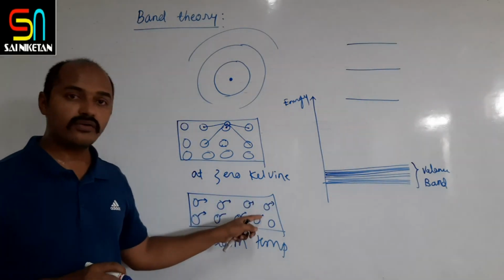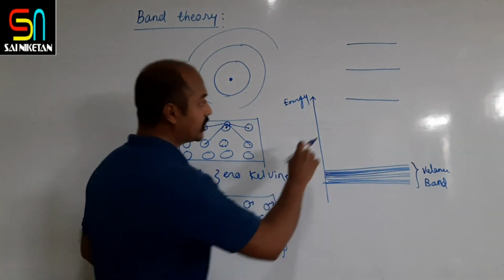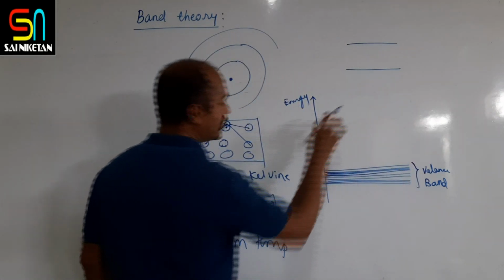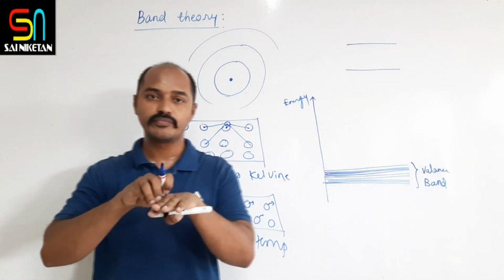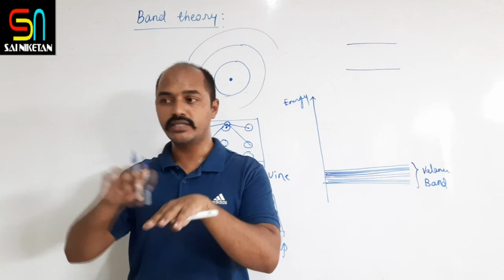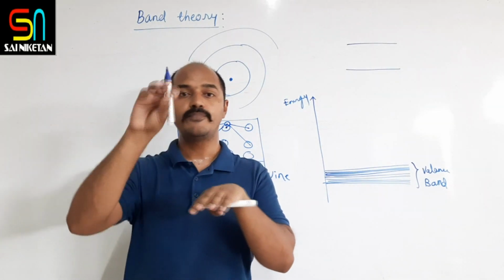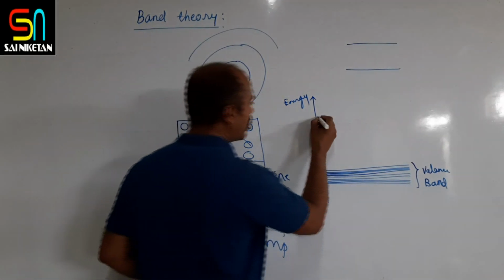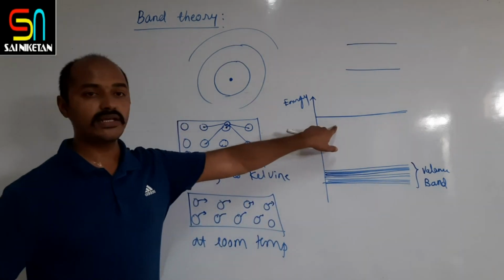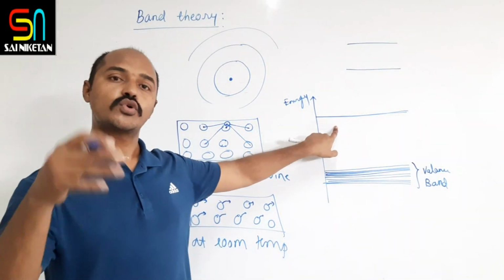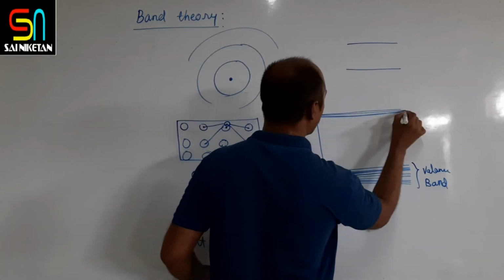These electrons have an energy level. Once again, these escaped electrons have an energy level, but this energy level is a bit higher than the valence electrons' energy because they have already absorbed the thermal energy. Once they absorb the thermal energy, the electron's energy is more than the valence energy, and we can mark somewhere here. It is the energy level of only one electron. There are so many electrons, so we can mark the energy levels like this.